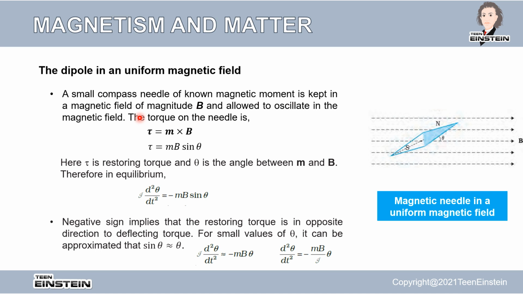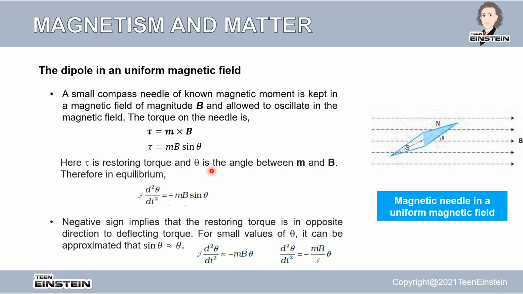So what is the torque that is produced here? It is M multiplied by B. It is similar to the torque produced in the electric field, where it is P multiplied by E. So here it is M cross B, and as it is a cross product, we can say MB sine theta, theta being the angle between B and the magnetic dipole. So here tau is the restoring torque and theta is the angle between M and B. When we say restoring torque, it is similar to a spring force.